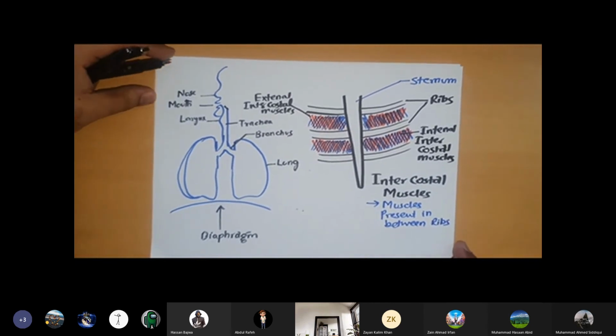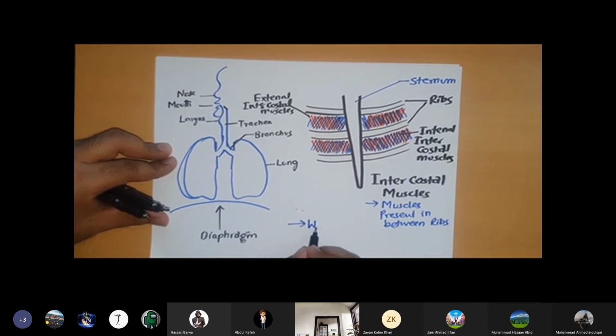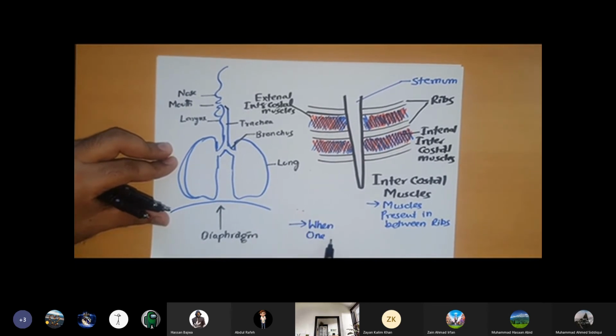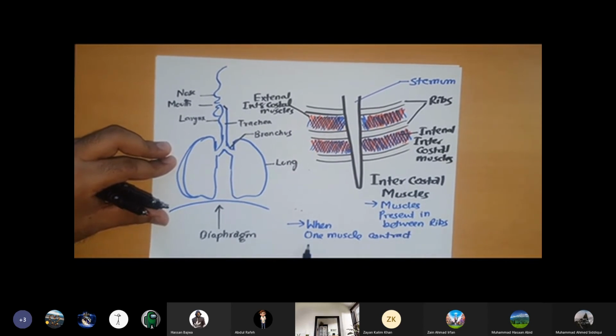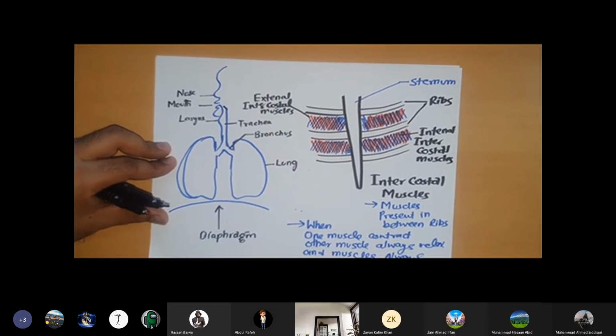Now, one more universal rule which I need to tell you, and which you already know from before, is that when one muscle contracts, the other muscle always relaxes, and muscles always work in pairs.